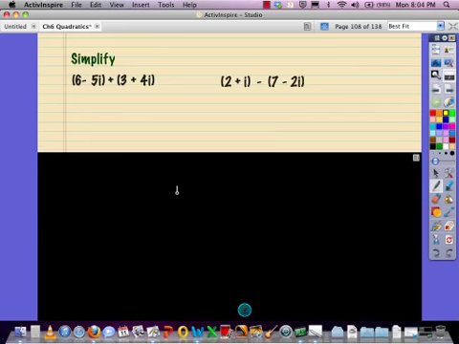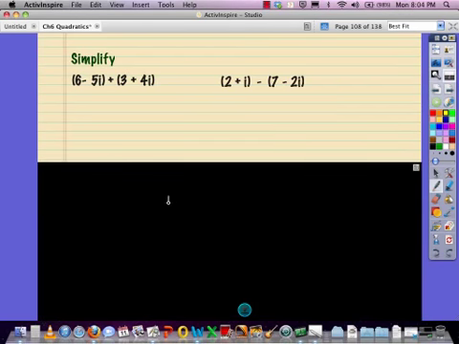So let's start here with the supposedly easier stuff. If we have addition of complex numbers, which is this first example, I have the complex number 6 minus 5i, and I want to add that to 3 plus 4i. The rule is add the real part with the real part, the imaginary part with the imaginary part, including looking at the signs.